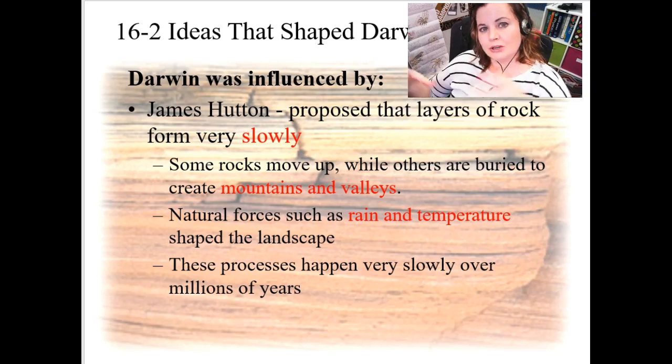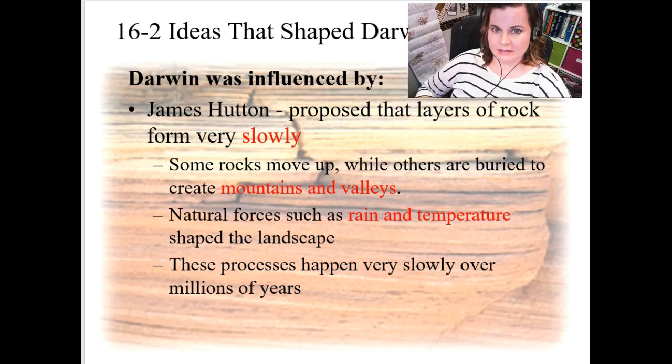He also looked at the Earth and he looked at all the layers in these canyons and things like that. And he thought about how quickly sediment is deposited. Like even in an area where deposition occurs very rapidly. Say, for example, in a river.